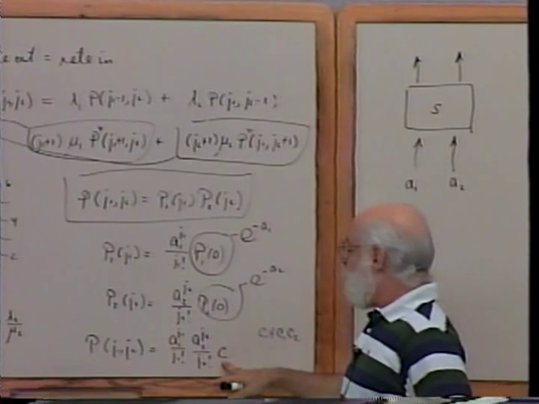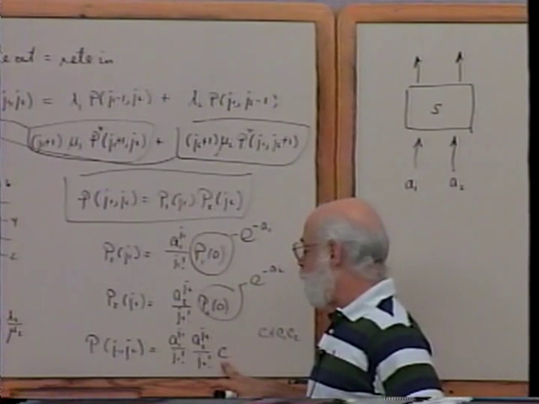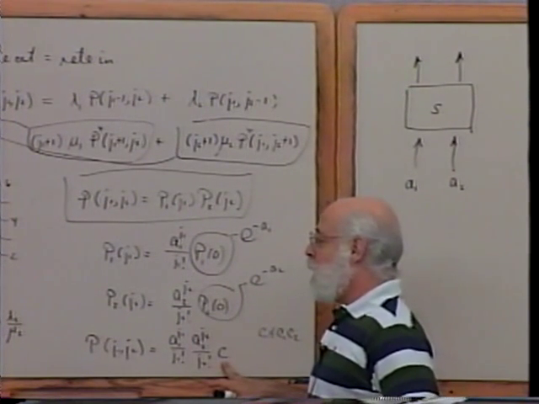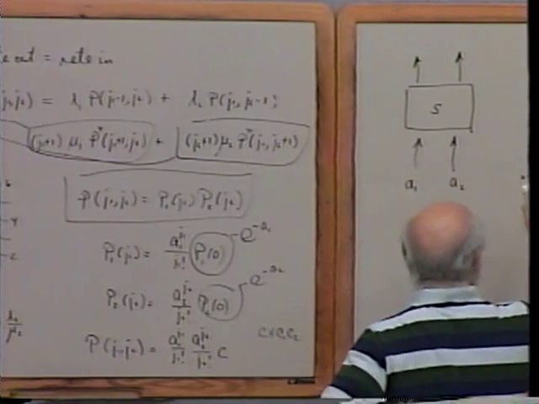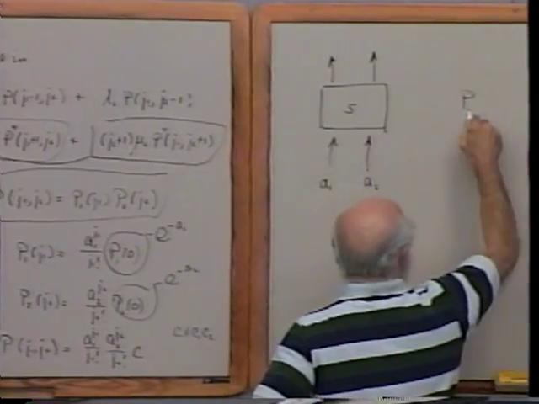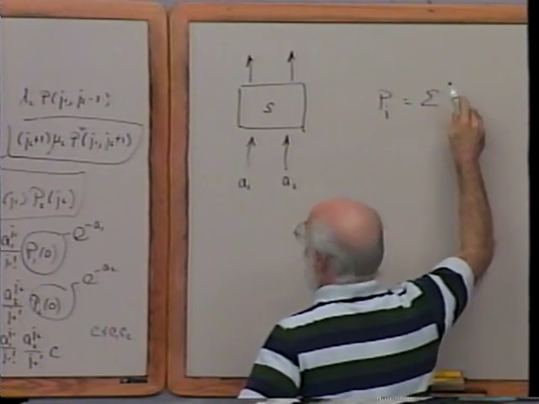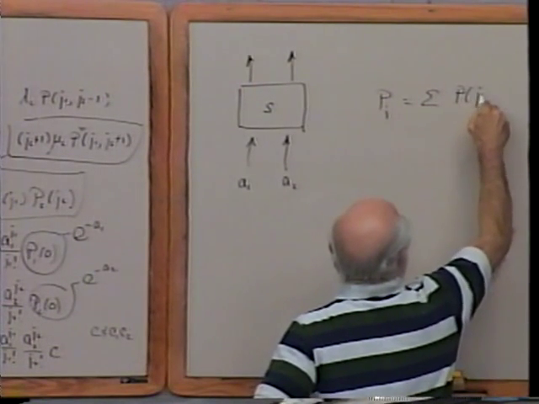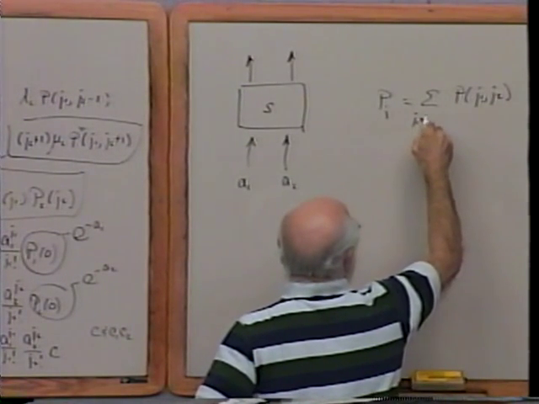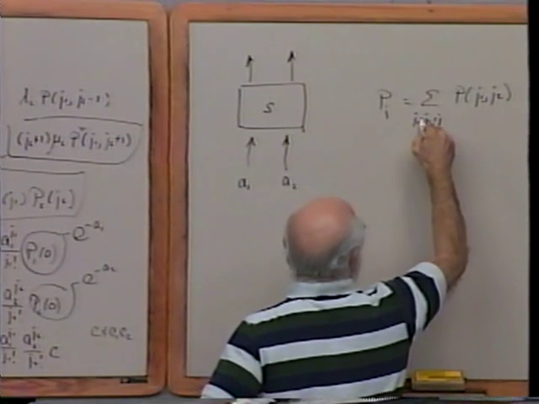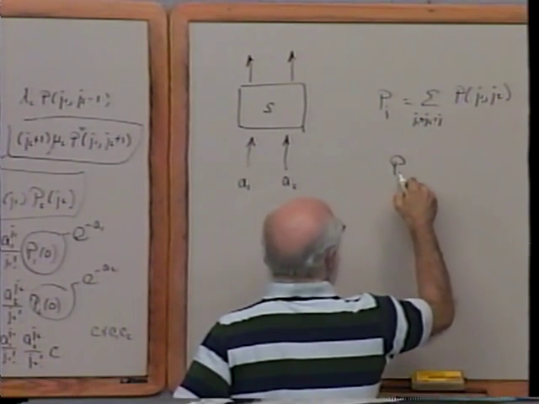But generally, I may not care how many customers there are of each type. What I really want to know is what is the probability that the total number of customers present is a certain number. In other words, what I want to do is define Pj to be the sum of P of J1, J2 over all values of J1 and J2 that add up to J. And in particular, of course, I want to calculate PS.